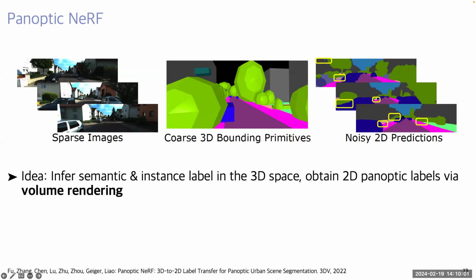On top of the sparse images, we use the coarse 3D modeling primitives provided by KITTI-360, and we assume some noisy 2D predictions from existing perception models. So we have both 3D and 2D information and we just need to fuse them.